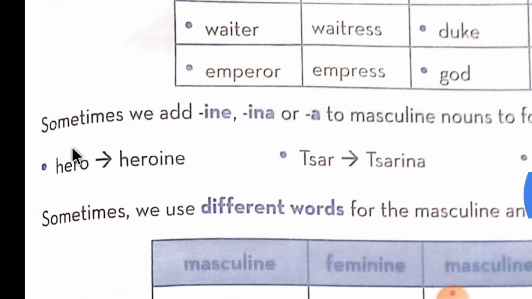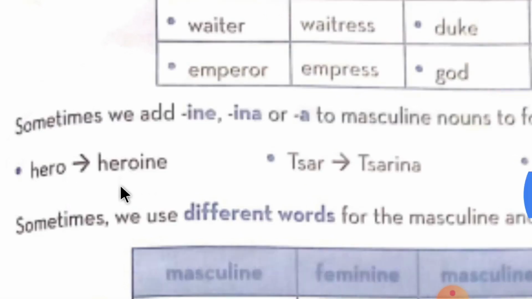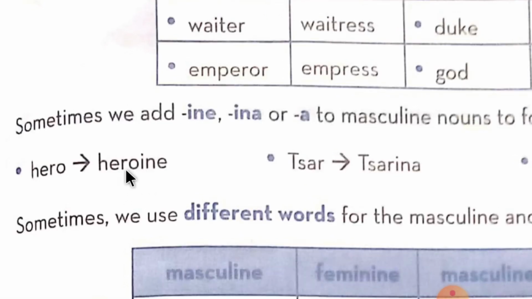Okay, which are there? See here. Hero. What is the spelling of hero? HERO. But here what we have to add? HEROINE. What we have added at the end of the word? INE. And then it changes into feminine gender.